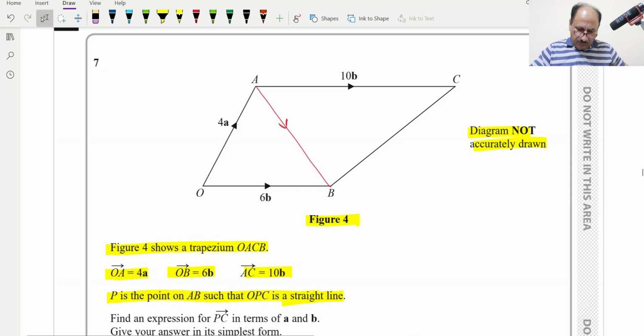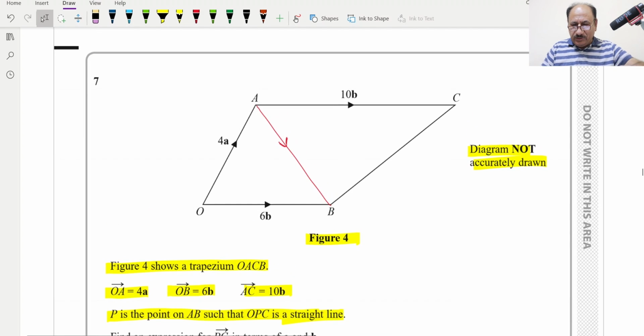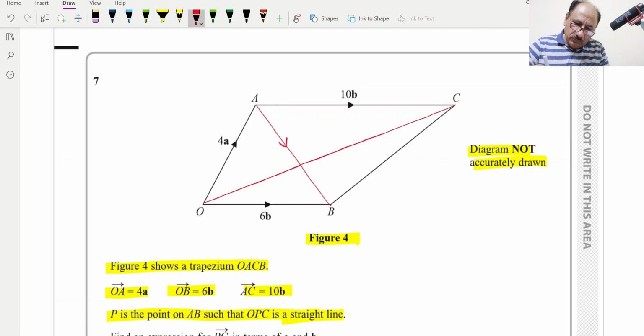So next is find an expression for PC. OPC is a straight line, so we will draw OPC also. Okay, so we have drawn this one.